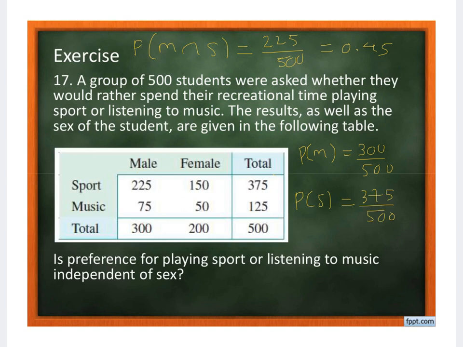They are independent if the condition holds: probability of A intersect B equals A multiplied by B. So we check whether it is correct or not. It should be this one, 0.45, equal to this one multiplied by this one.